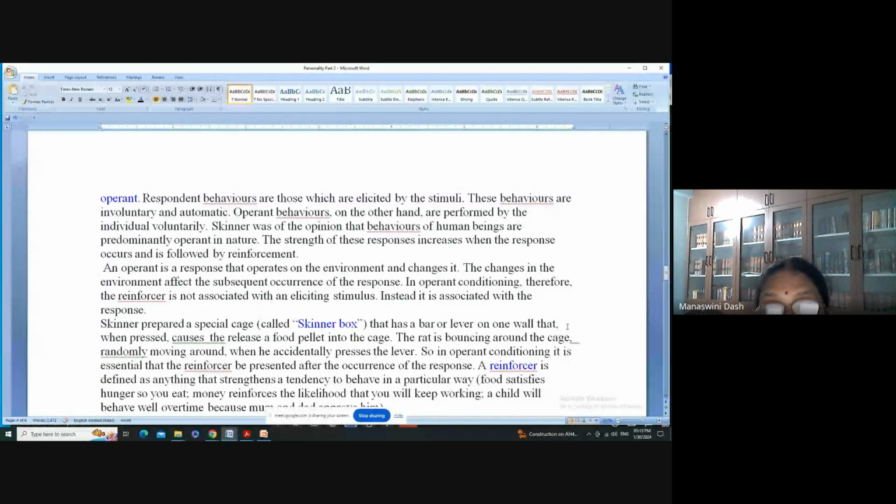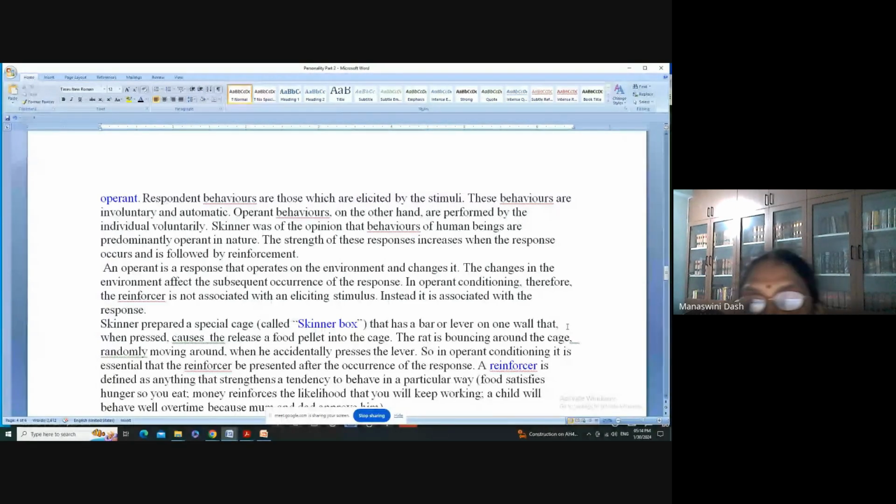Skinner experimented with a Skinner box. A Skinner box is a special cage that has a bar or lever on one wall. When the lever is pressed, a food pellet is released into the cage.